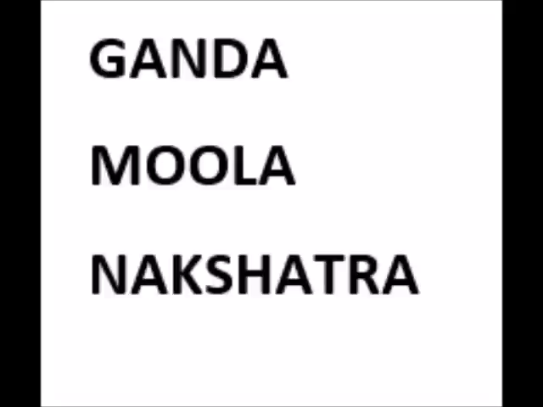And what are the remedies? So let's talk about some remedies. The remedies, as per the pundits and the scholars, are that the remedies of the child have to be performed within 60 days of the birth of that child, and ideally the remedies have to be performed when the same nakshatra is coming.